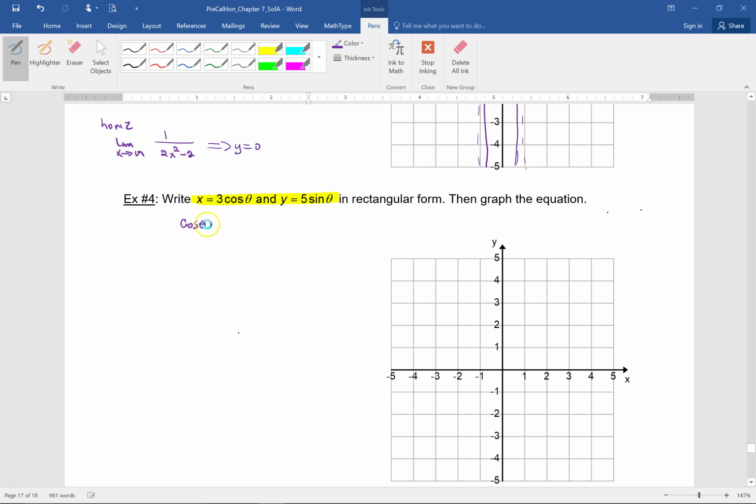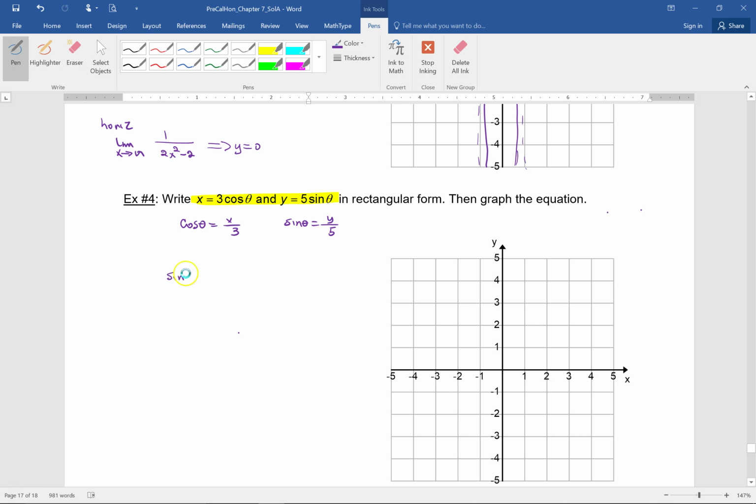Cosine theta is equal to x over 3. Sine theta is equal to y over 5. Now, what do we know? Is there a relationship between sine and cosine? Sine squared theta plus cosine squared theta equals 1.